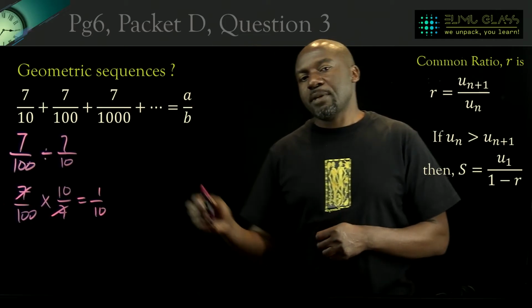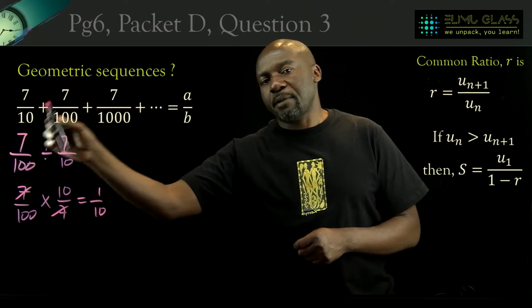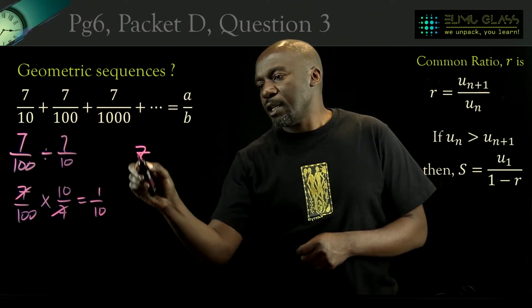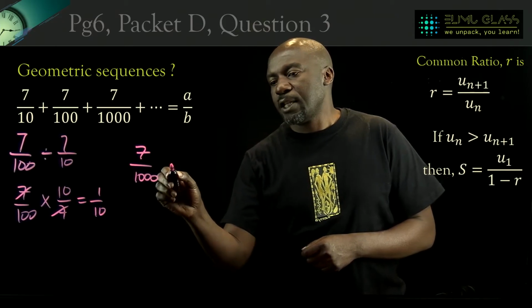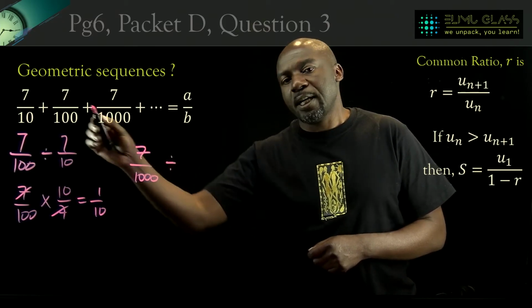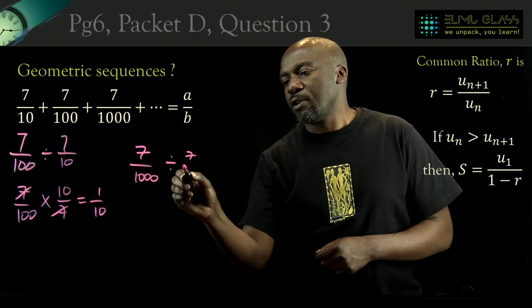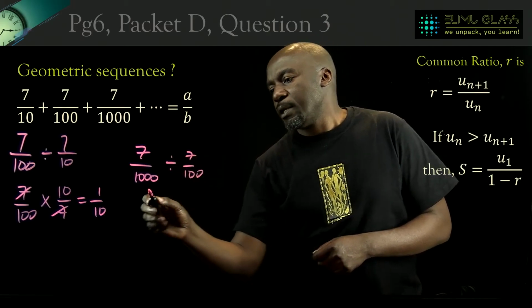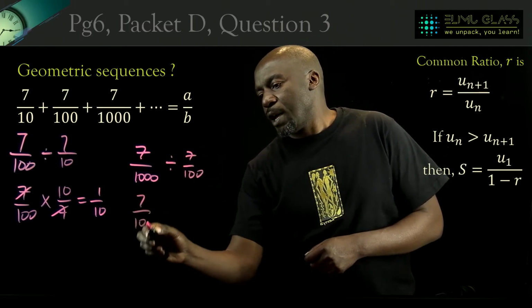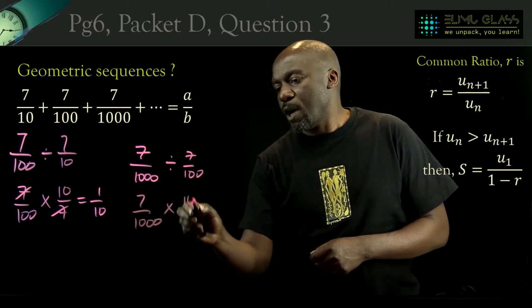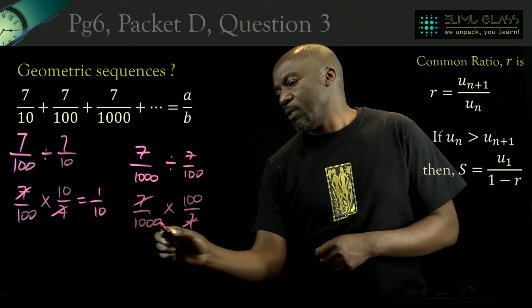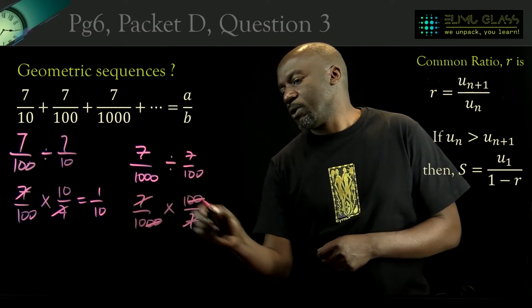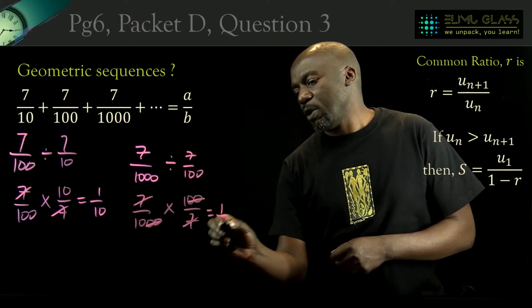Now let's confirm that that's the same if we take this divided by that. So of course 7 over 1000, and now we want to divide by 7 over 100. This is the same as 7 over 1000 multiplied by 100 over 7, and the 7s cancel, and we can see these 2 zeros go with those 2 zeros, and this is also giving me 1 over 10.